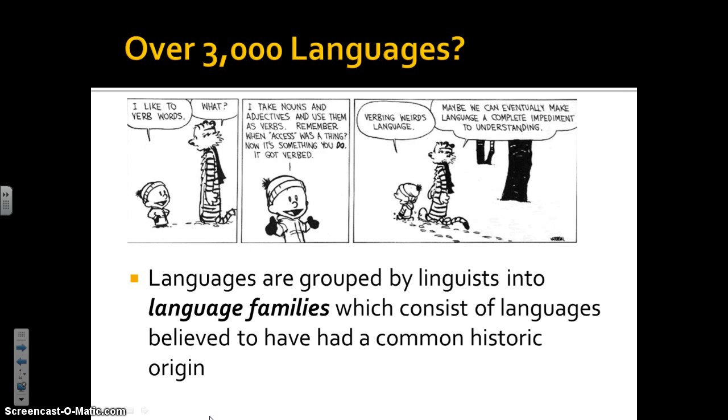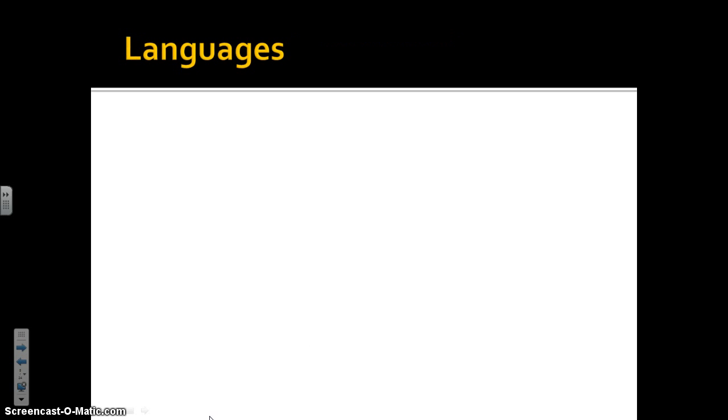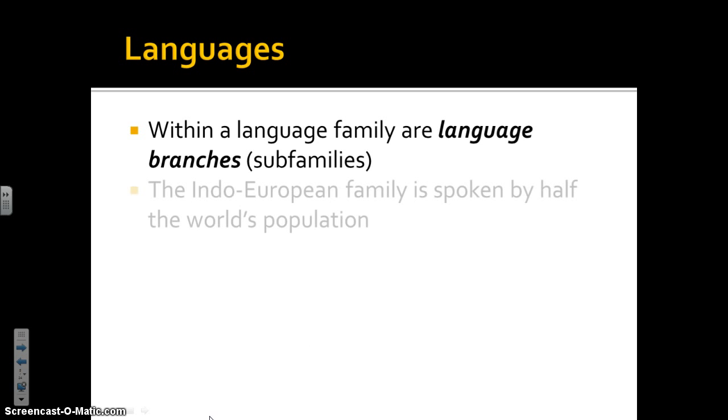You can think of having a common ancestor, like a grandparent or a great grandparent, and how you're part of the family with people that share that ancestor. Languages are the same way. So then they branch out. The Indo-European family is half of the world's languages.